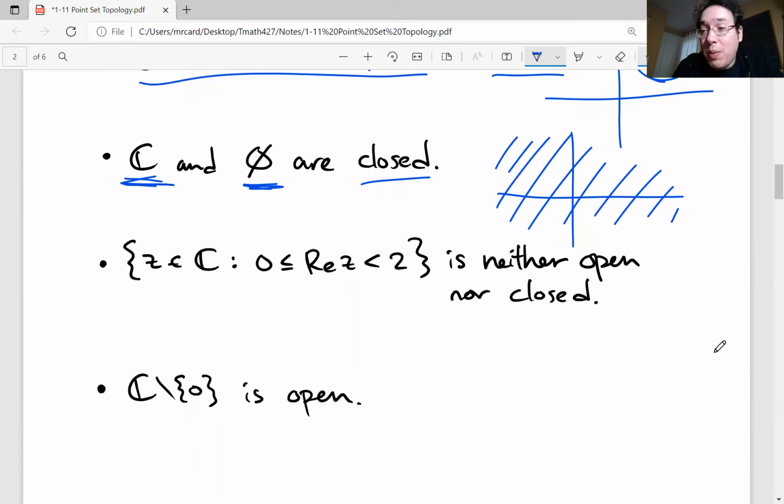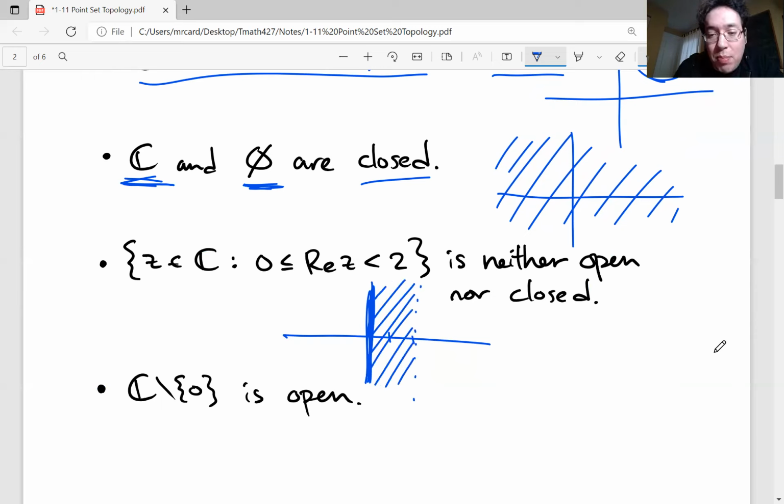Okay, now I want to give an example of something that's neither open nor closed. So sometimes we're going to talk about strips. And this is a half open, half closed strip. So the real part is greater than or equal to 0 and then strictly less than 2.